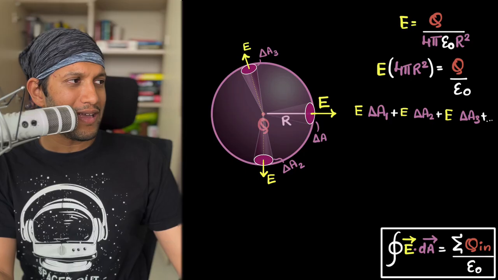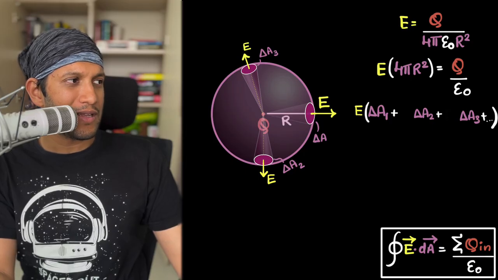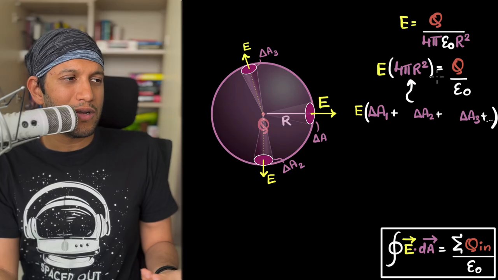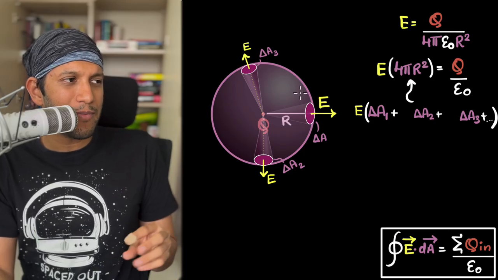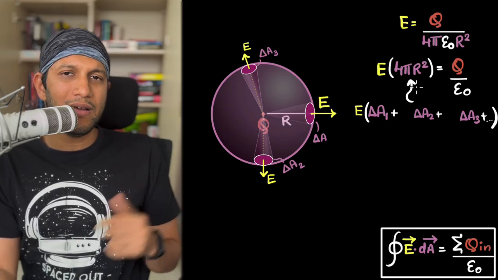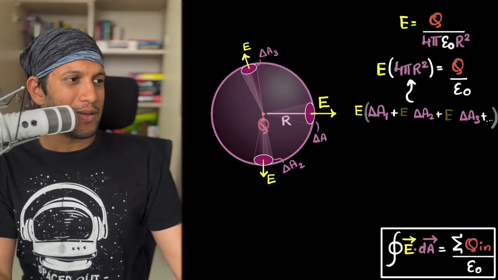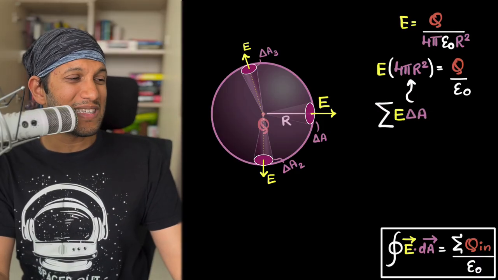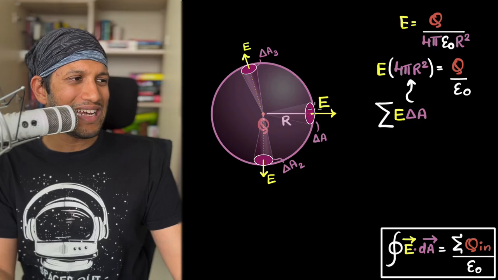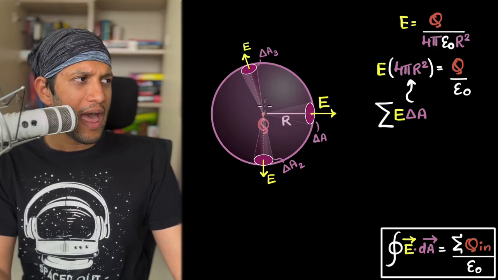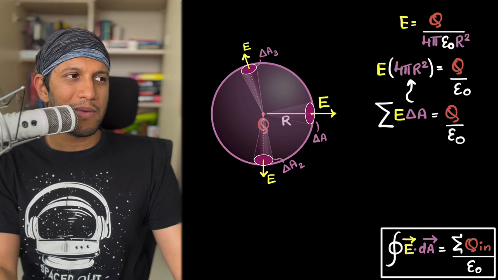And therefore, in our case, the electric field pops out of that summation, and that thing in the bracket just adds up to give you the total area of the sphere, right? If you add up all the tiny pieces, you get the area of the sphere, which means in reality, what we are really doing is a summation of the electric field and the tiny local area everywhere and adding them up. And that is equal to q divided by epsilon naught.